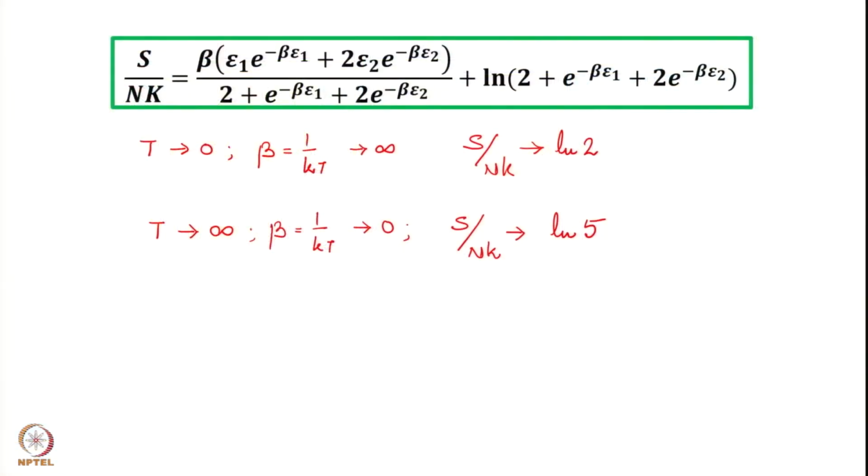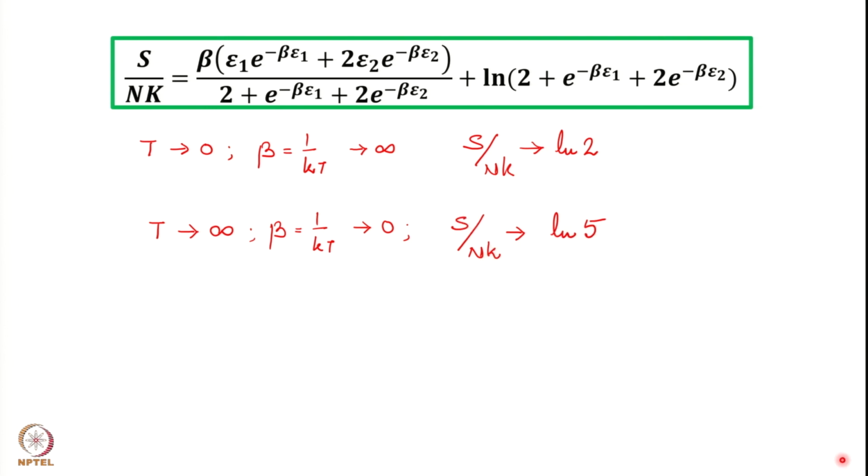It did not say that all substances have to have an entropy equal to 0. Here is one such case, that when the temperature is approaching 0, your entropy is approaching a value of Nk log 2. And when temperature is approaching infinity, then S is approaching a limiting value of Nk log 5.